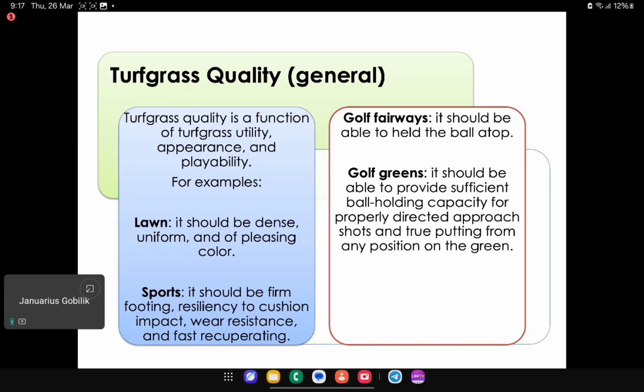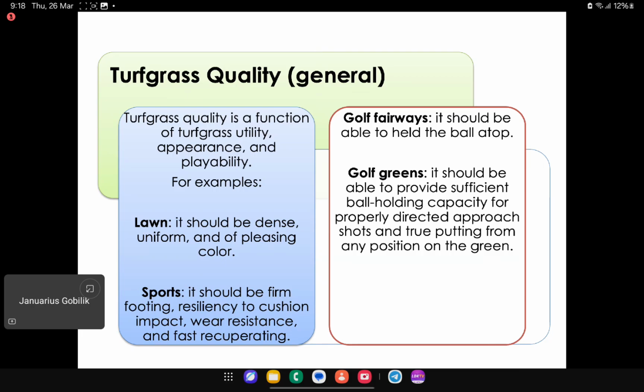And then of course the turf grass needs to be wear resistant, and should be fast recuperating. Recuperating is getting back from being damaged easily, and getting healthy again easily after being damaged. So that is the expected quality of turf grass when you establish a sport field.